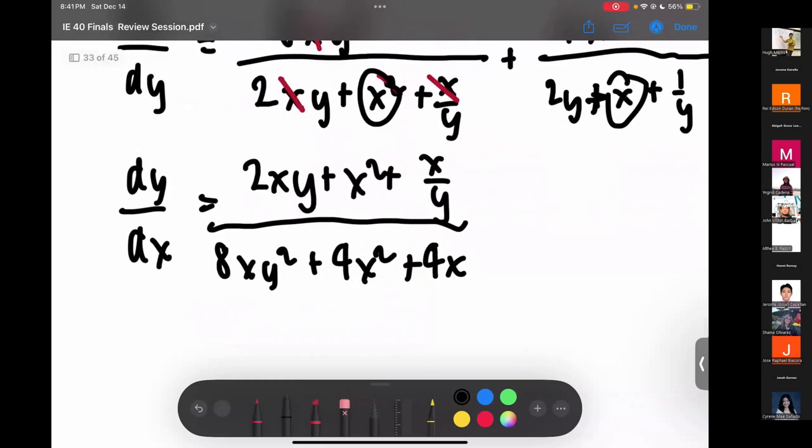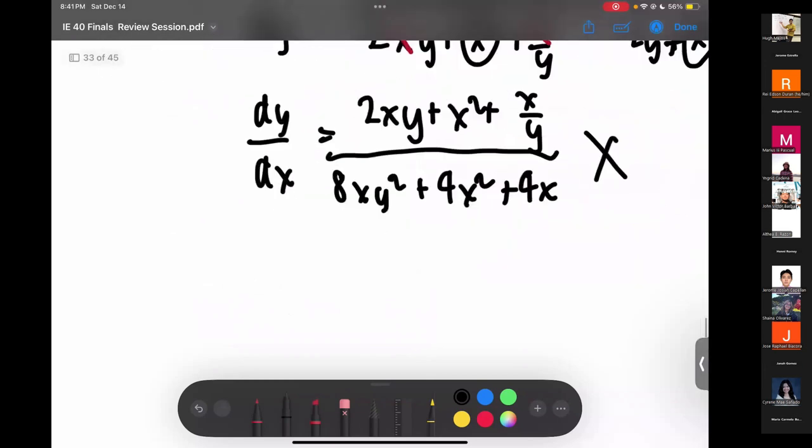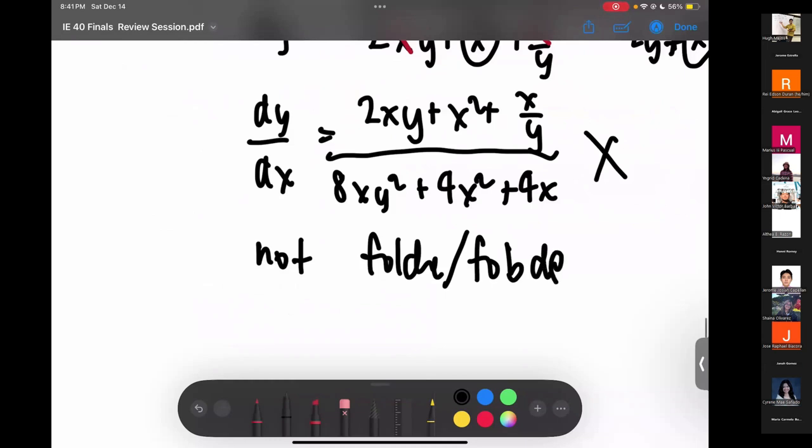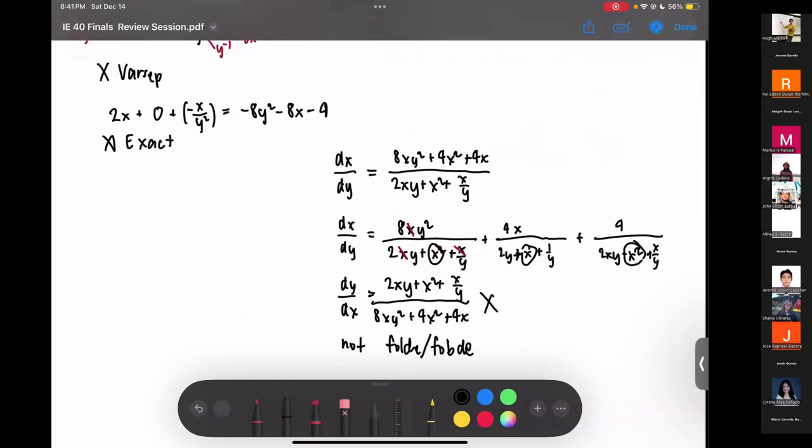So yeah, pati ito, this does not end up. So basically, hindi siya FOLDE or FOBDE. Yeah, even if you guys try simplifying this, it will not come up to that figure. So it's not FOLDE or FOBDE.